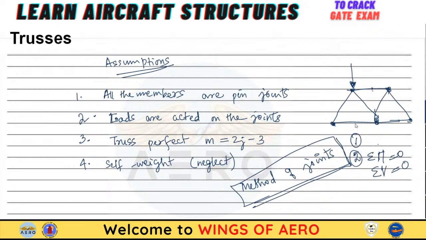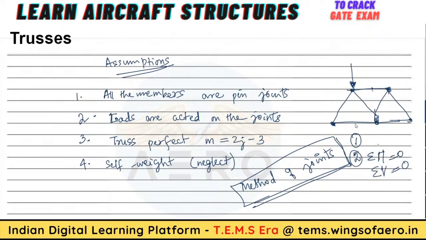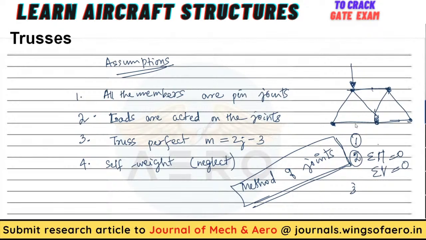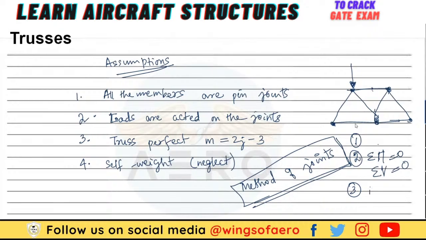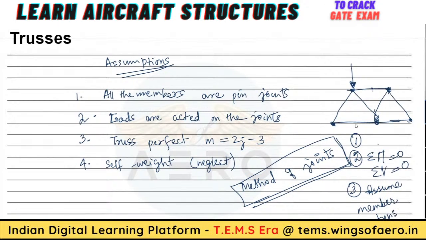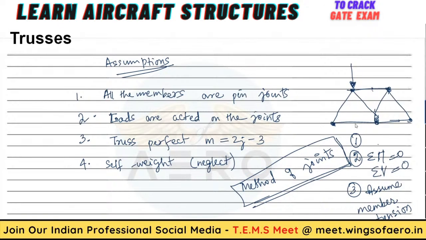That is the static equilibrium equation you apply to find the unknown forces. Whatever unknown forces you have, you should first assume that the particular member undergoes tension.